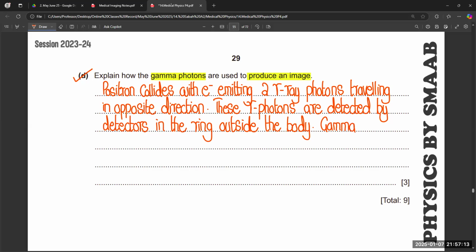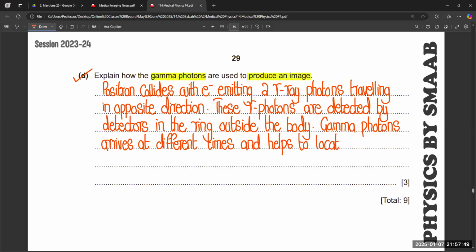So gamma photons arrive at different times, and it helps to locate the exact position. Yes.